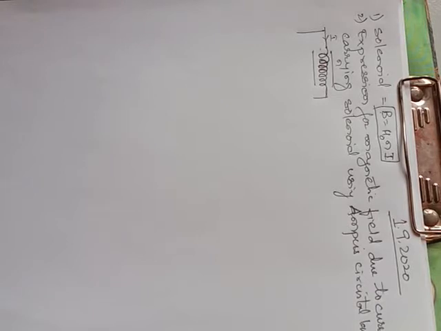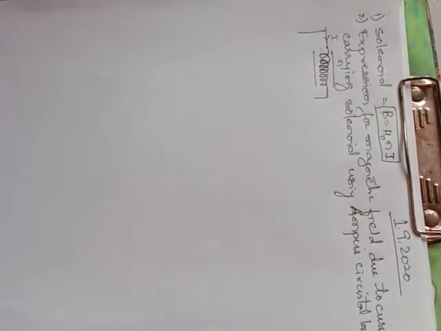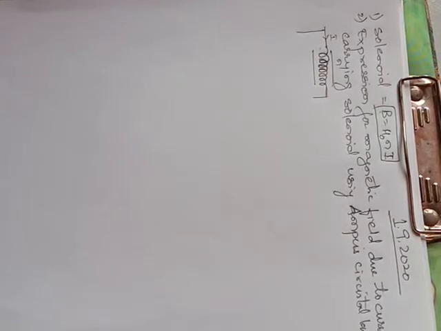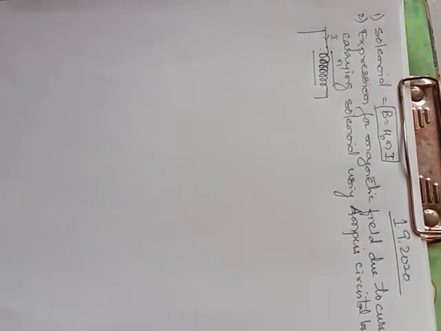We also saw that when the current flows through the solenoid, the magnetic field will be created inside the solenoid. Outside the solenoid, the magnetic field will not be there.